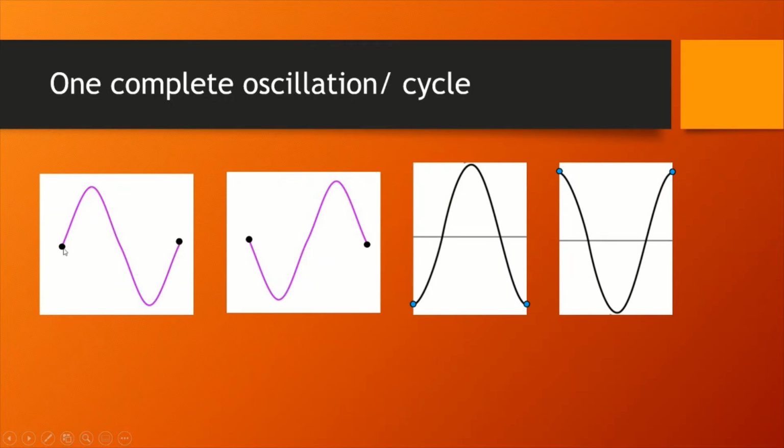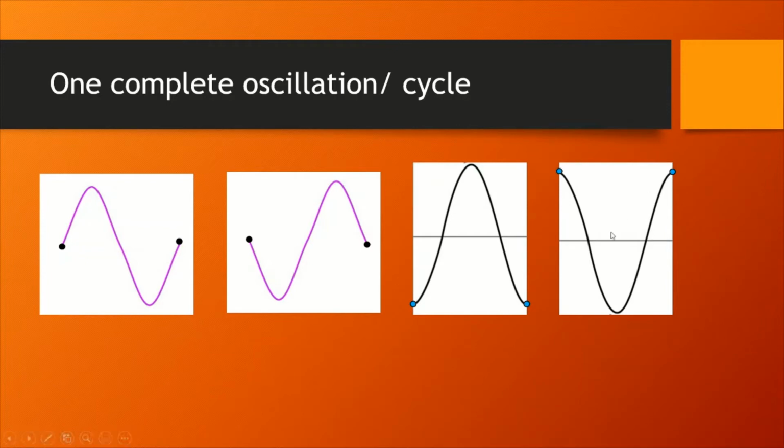So I can draw one complete oscillation from this equilibrium position to this equilibrium position, not to this one, this to this, this to that, or from trough to the next trough, or crest to the next crest.